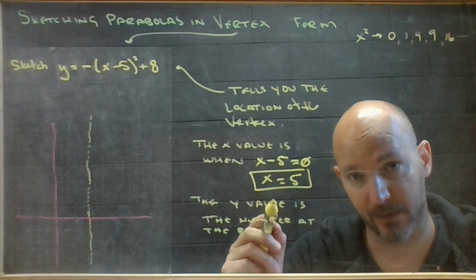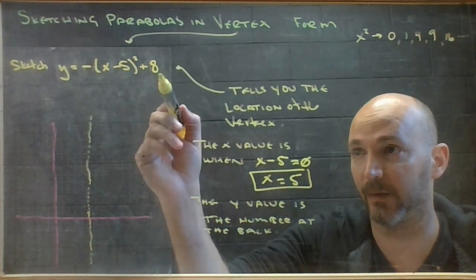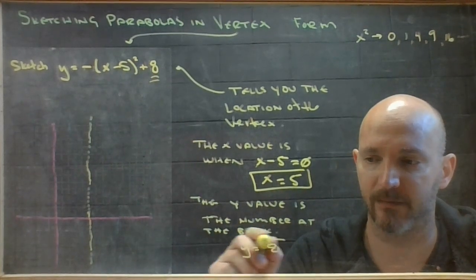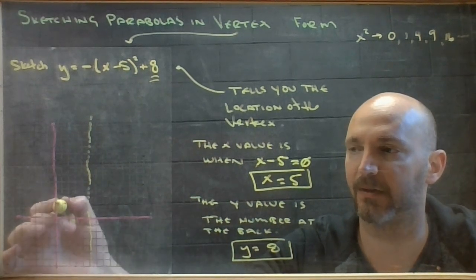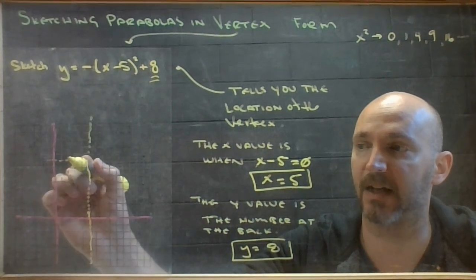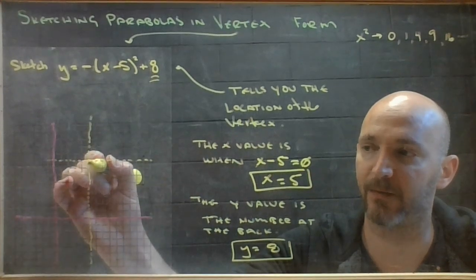The y value of your vertex is going to be the number at the back. So there it is. y is plus 8 in this example. So I find 8. 1, 2, 3, 4, 5, 6, 7, 8. Draw my dashed line across. And that's where the vertex is going to be.